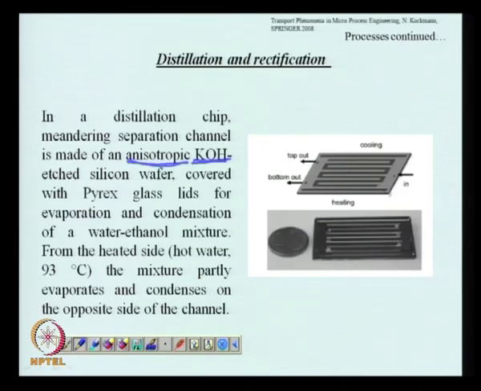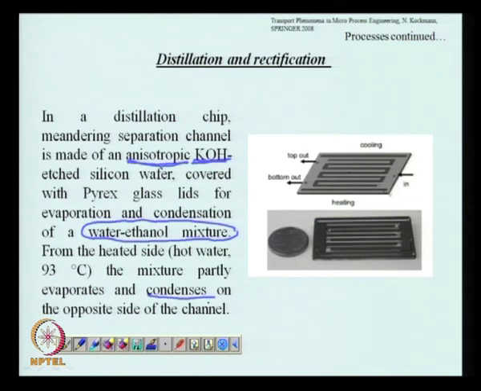So, using such a technique, a device has been made where there are channels, and through the channels there would be a heated water ethanol mixture, and from the heated side the mixture will evaporate and condense on the opposite side of the channel.